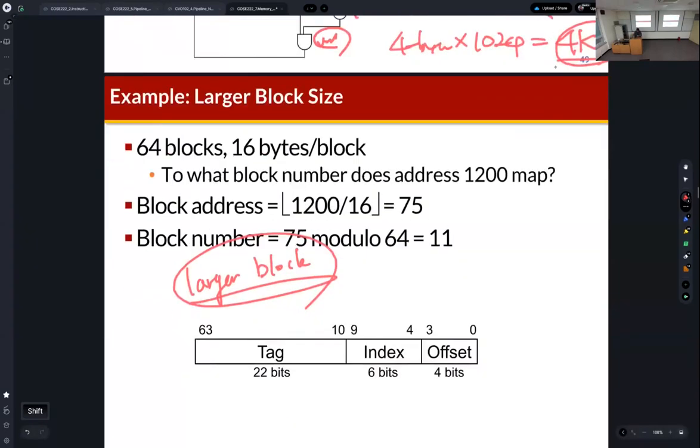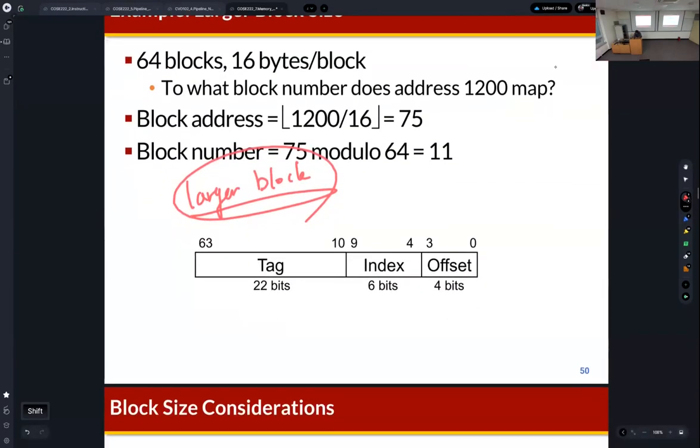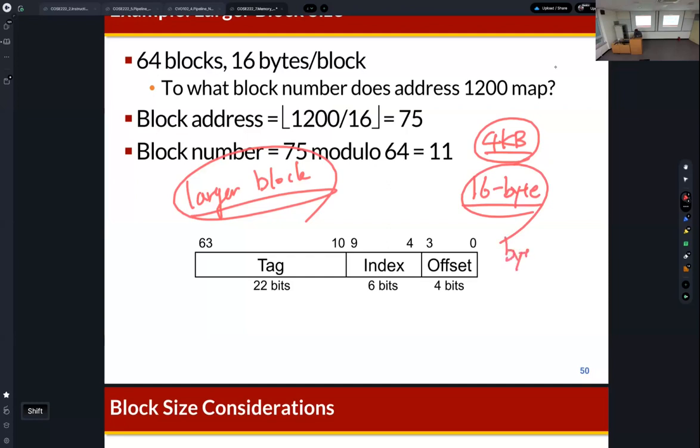So if the cache size is the same, like 4 kilobytes, and we increase the size of a single block to 16 bytes, which means the byte offset becomes 4 bits, from bit number 3 down to 0. We can use bits 3 down to 0 as the byte offset. So this means that the size of a single cache entry is increased. But the size of the cache is the same, 4 kilobytes.